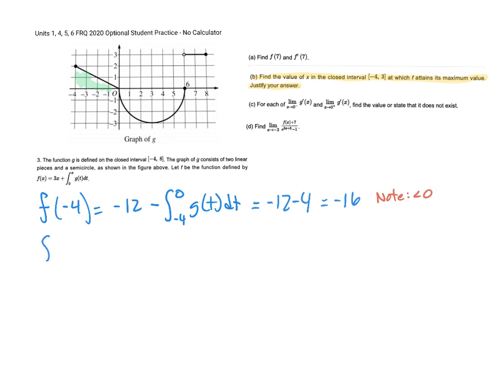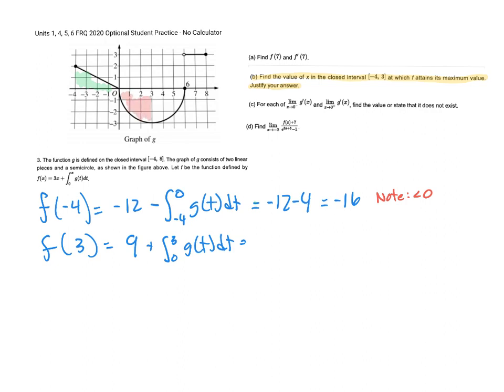Notice f of 3 is going to be 3 times 3, which is 9, plus the definite integral from 0 to 3. I don't have to change the limits of integration because 3 is on the right. And let's see, from 0 to 3, what part of the circle are we talking about there? That's this part.